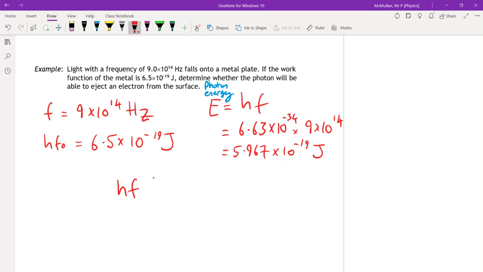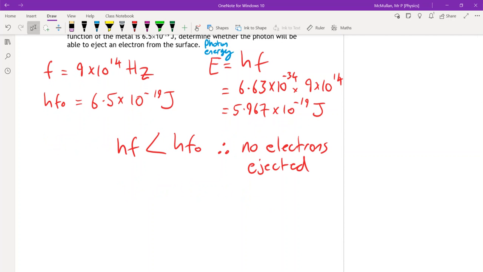Would you say, Ahmed? Okay, it's less than. And you can put the numbers if you want. 5.967 times 10 to the minus 19 is less than 6.5 times 10 to the minus 19.